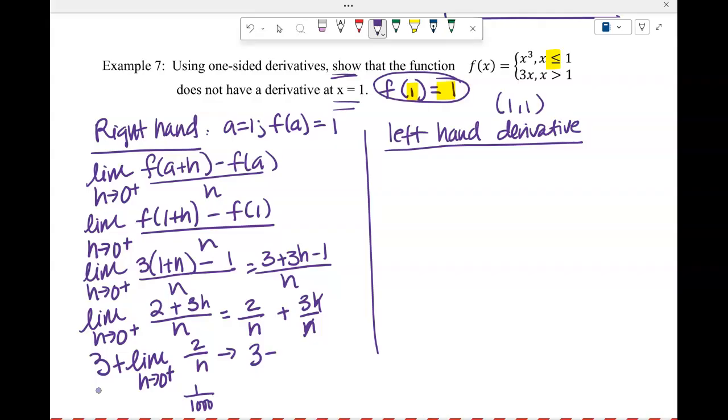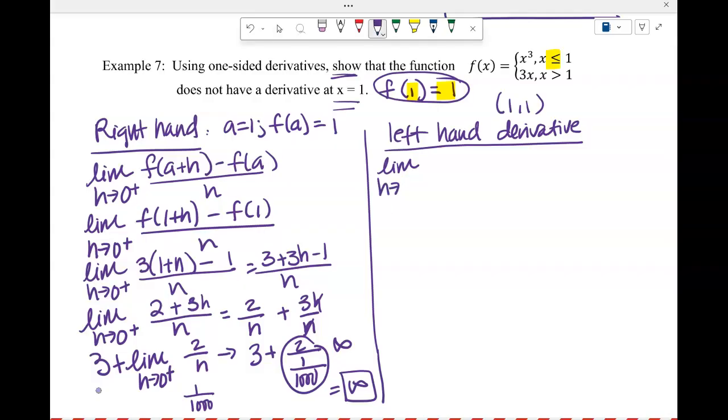So it's 3 plus 2 over 1 over 1,000. This goes towards infinity, so this whole thing is going to go towards infinity. So it doesn't exist, but it does give us a behavior: it's getting steeper positively.